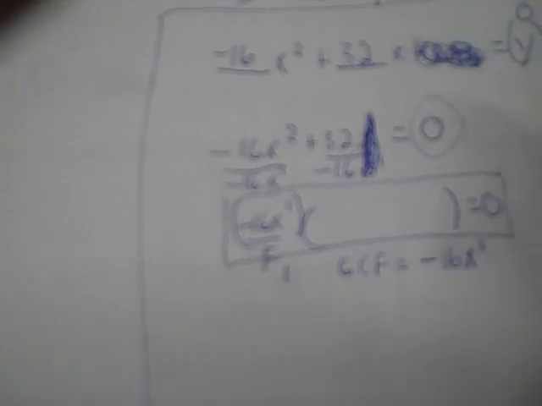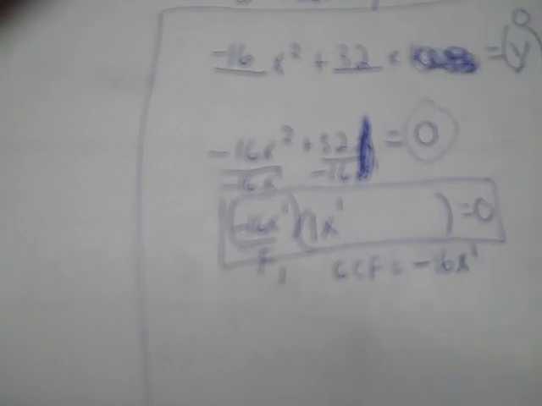And the x1 cancels. That's the only thing you want to cross out. So I divide negative 16 by negative 16, and that's 1 whole. Then on x, 2 minus 1 is 1. Okay, 32 divided by negative 16 is negative 2. So I put 2 with a minus. So we can get rid of those. And that's your f1, and this thing here is your f2.